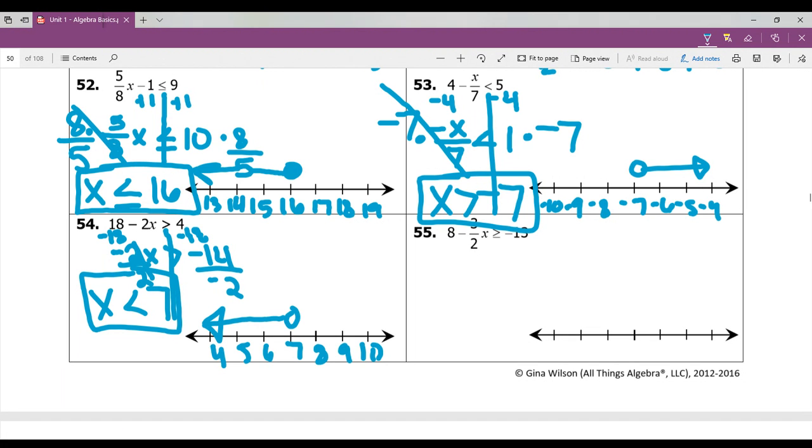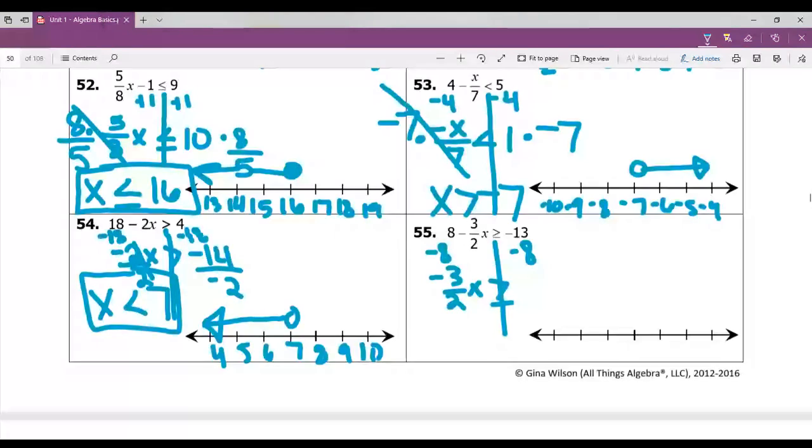Now, I have written through my problem here. There we go. Again, variables in the middle, so we start with the thing without the variable. Subtract 8, subtract 8. Negative 3 halves x is greater than or equal to, I think that's negative 25.